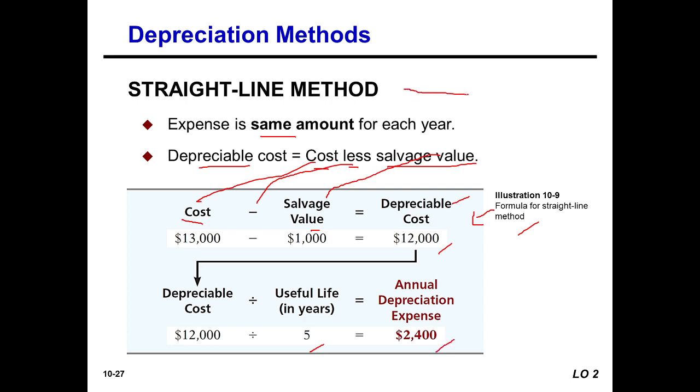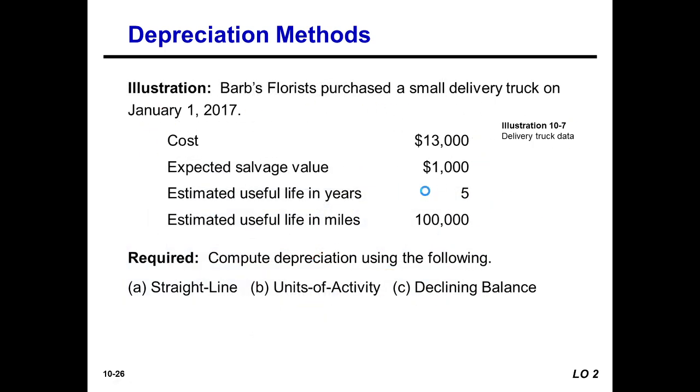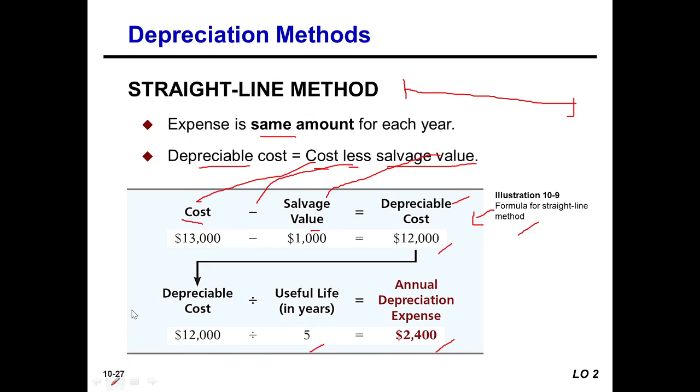Suppose we can show a picture here. When we purchase this delivery truck, the cost price is $13,000, and after 5 years it shows $1,000 as a salvage value or scrap value or residual value.